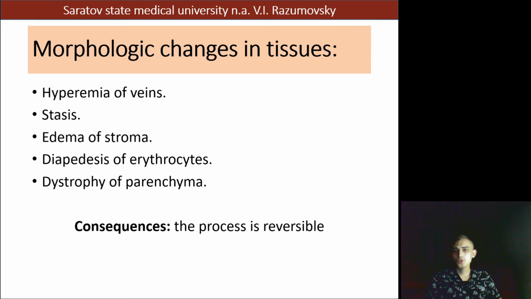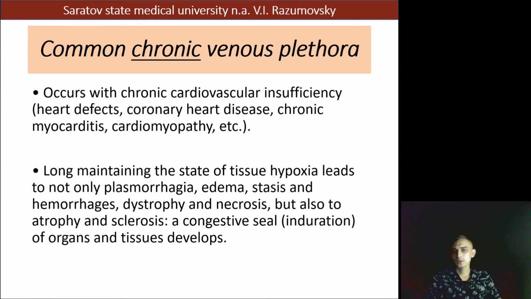Morphologic changes in tissues associated with hyperemia of veins, stasis, edema of stroma, diapedesis of erythrocytes, dystrophy of parenchyma, but this process is reversible, so this process has a favorable course. Common chronic venous plethora occurs because of chronic cardiovascular insufficiency.